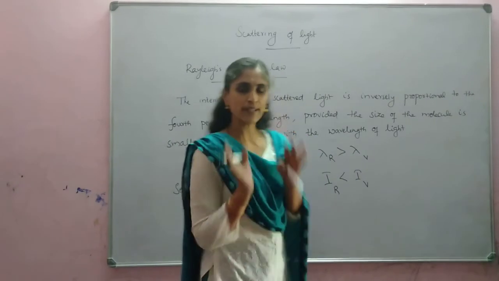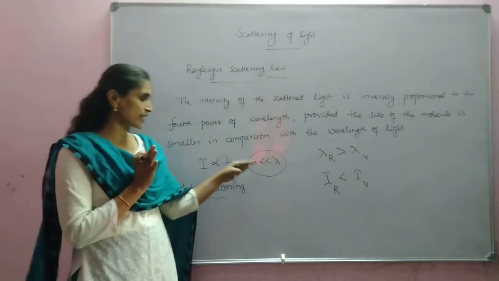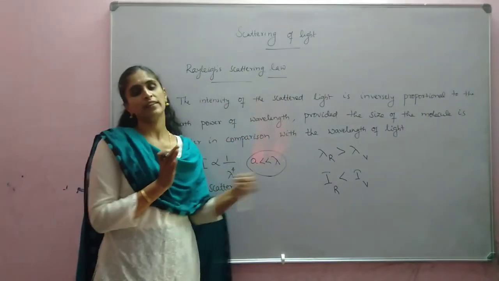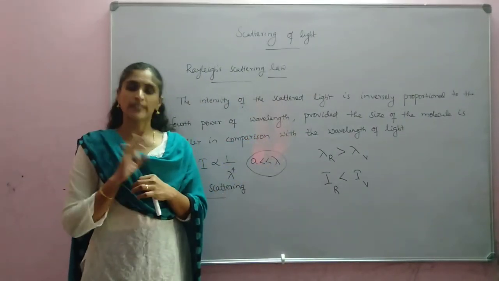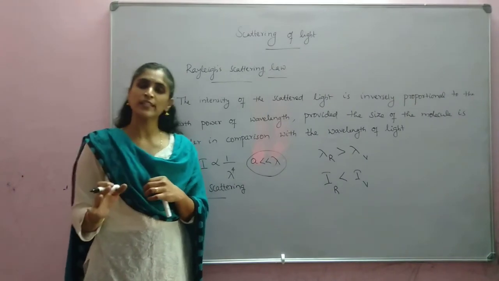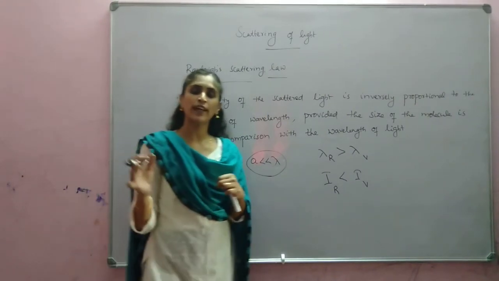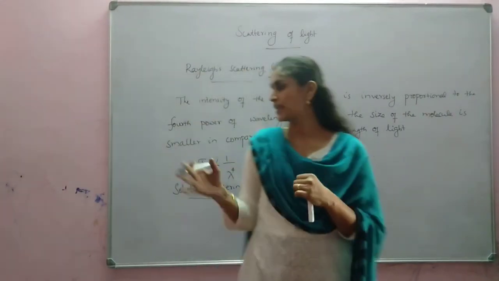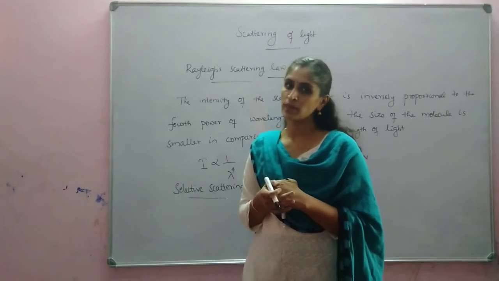So selective scattering takes place if and only if the size of the molecule is lesser than the wavelength. Otherwise, no selective scattering will be there; all colors of light will be scattered in equal amount. That's why it appears white.